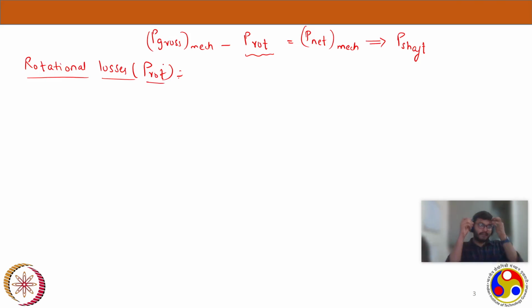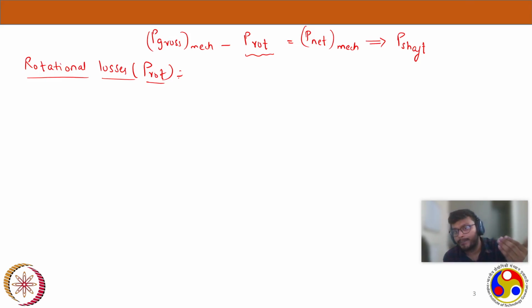Whenever a DC machine is rotating, there will be some kind of friction, because our DC machine has a shaft that has to rotate, so it has to overcome some friction. Also the bearings will have their own friction. So whenever a DC machine rotates, these frictional losses will always be there.